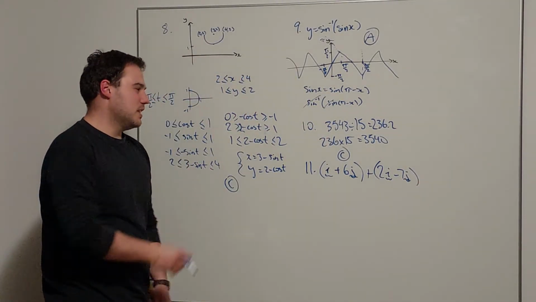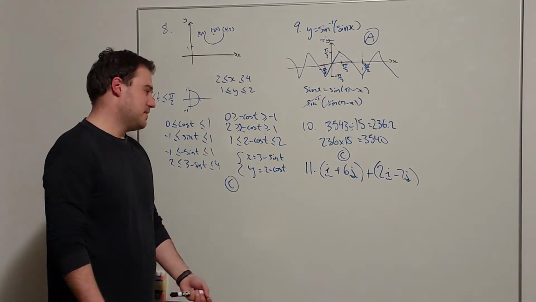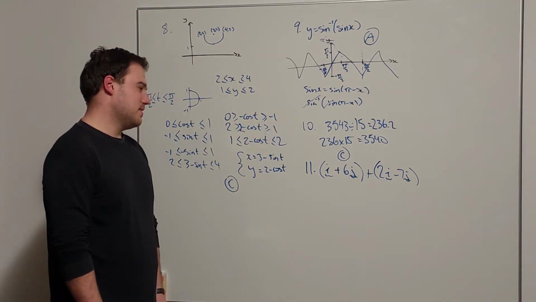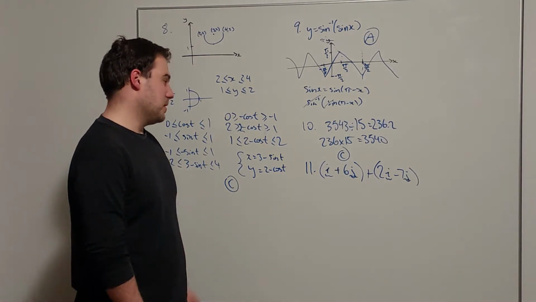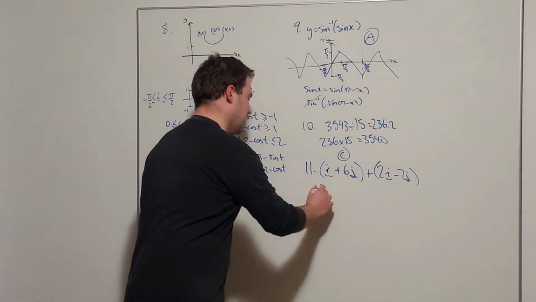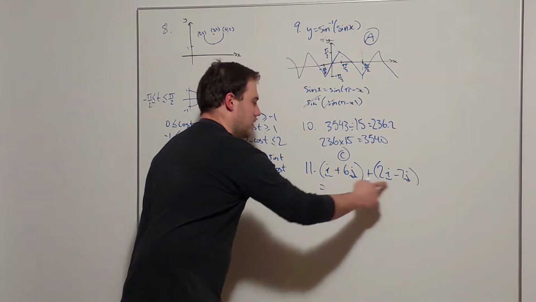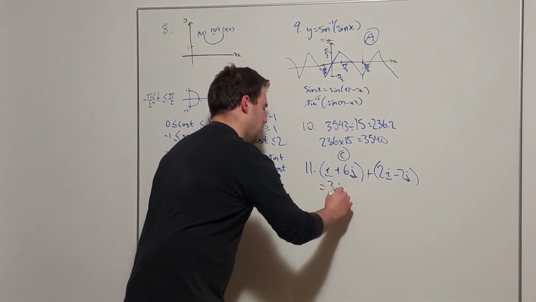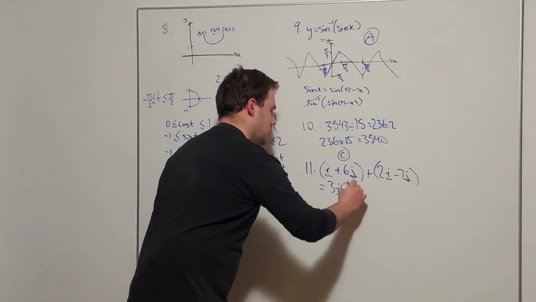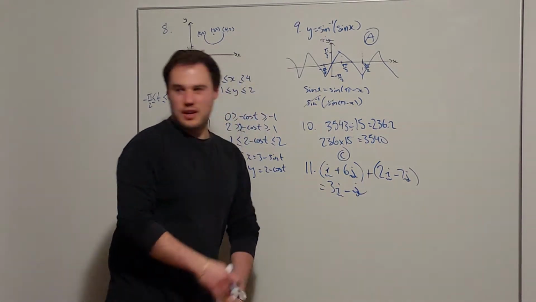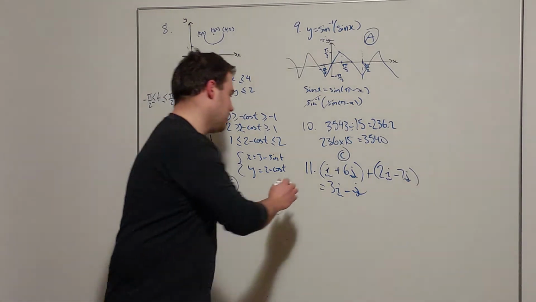I mean, yeah, it's using vector notation, but you could probably give this to a year 8 student, and if they didn't know what to do, they'd probably just collect like terms, right? 1 plus 2 is 3, and 6 minus 7 is -1. Okay, I guess it's like the warm-up mark.